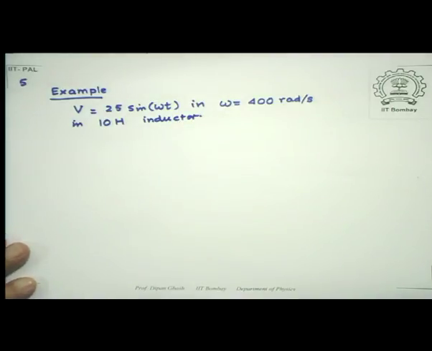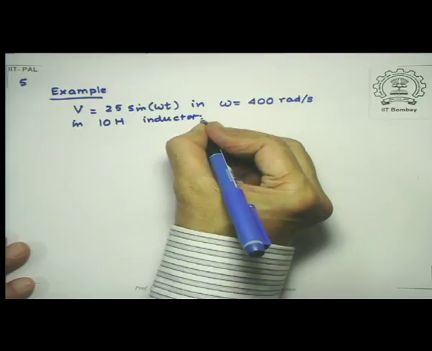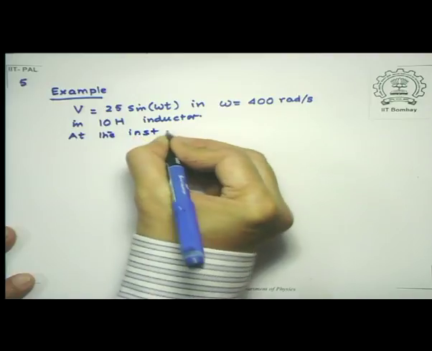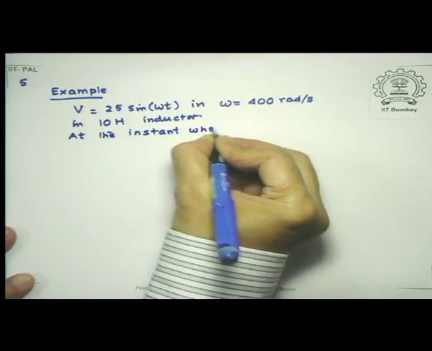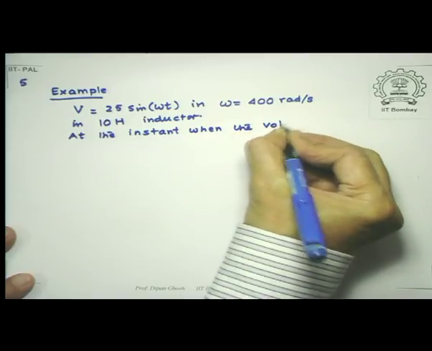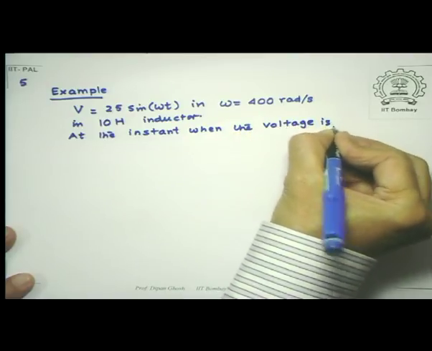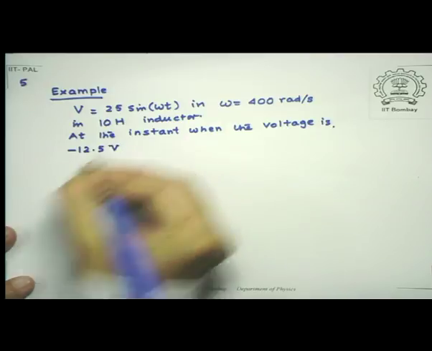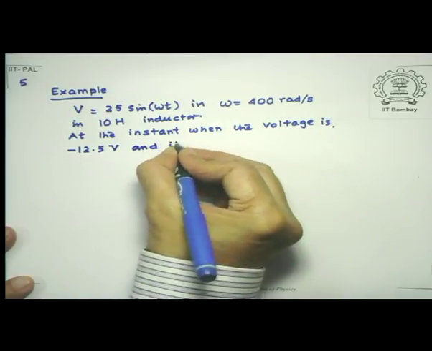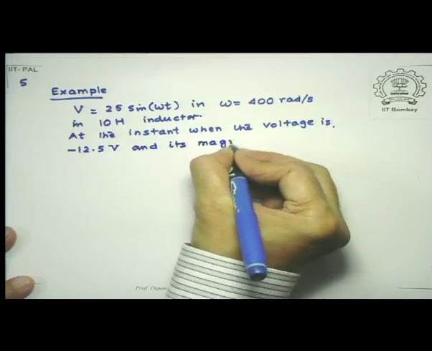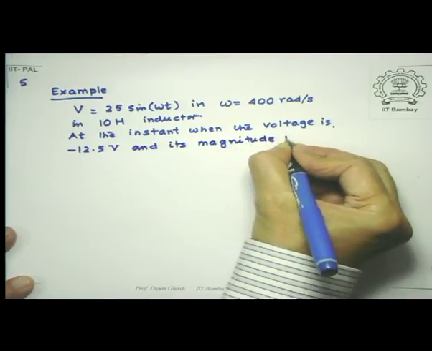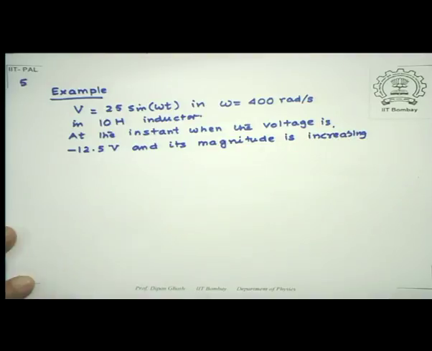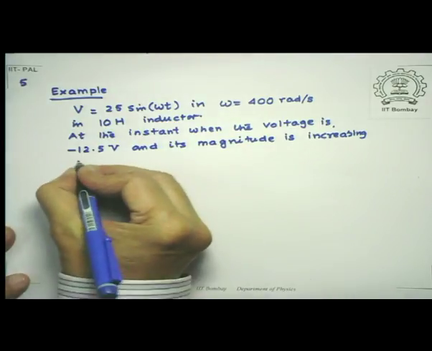So let's find various things connected with it. That at the instant when the voltage is minus 12.5 volts and its magnitude is increasing, what is the value of current?